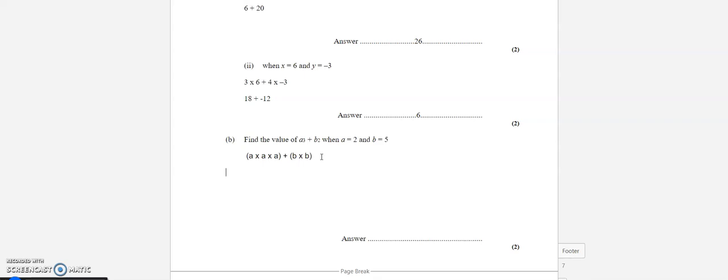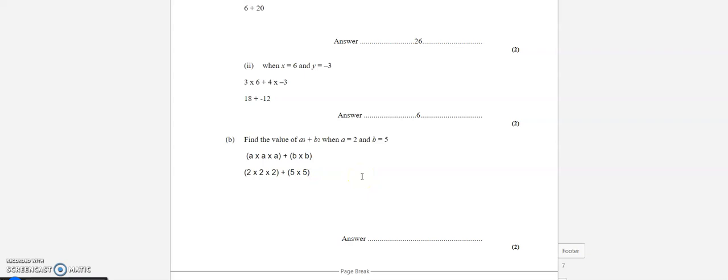And then what we're doing after that is we're just going to substitute those numbers in. So essentially we can open our brackets and say 2 times 2 times 2, and I've got that from this a equals 2 here. Plus b times b. B is 5. So I've got 5 times 5 in there, like that.